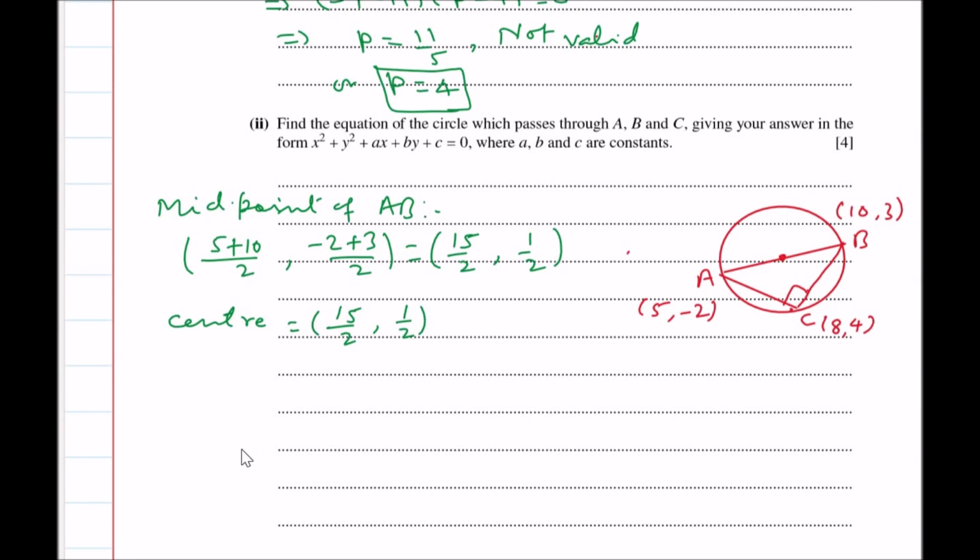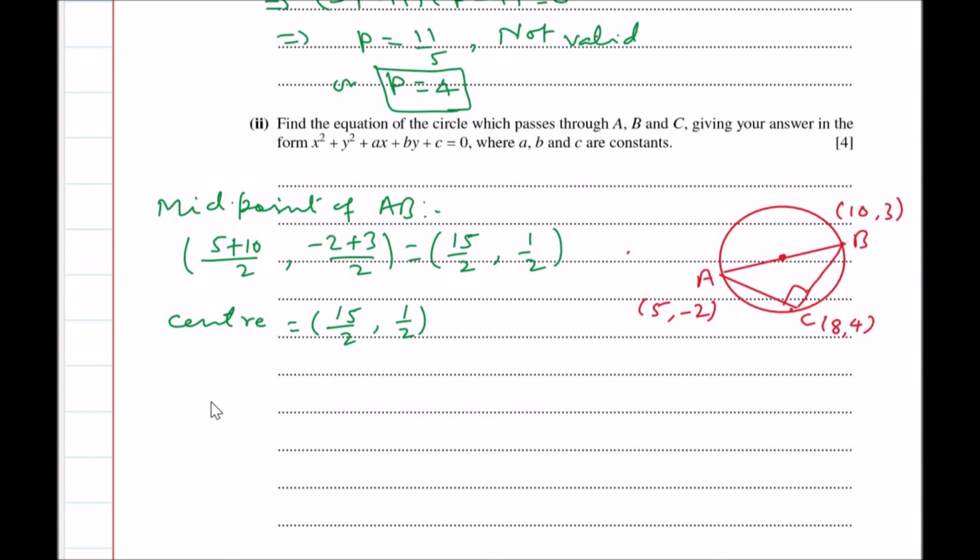This is our center. Now we need the radius, right? So how can we calculate the radius? The midpoint is known. So from the center to A or B, we can calculate the distance, that will give the radius.